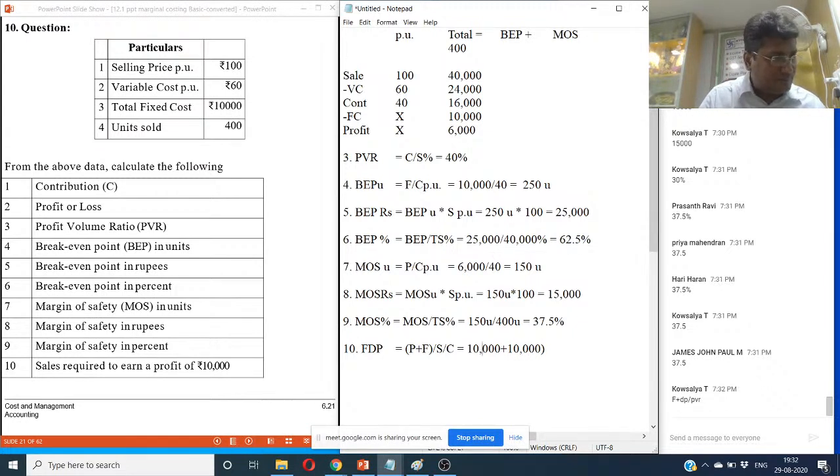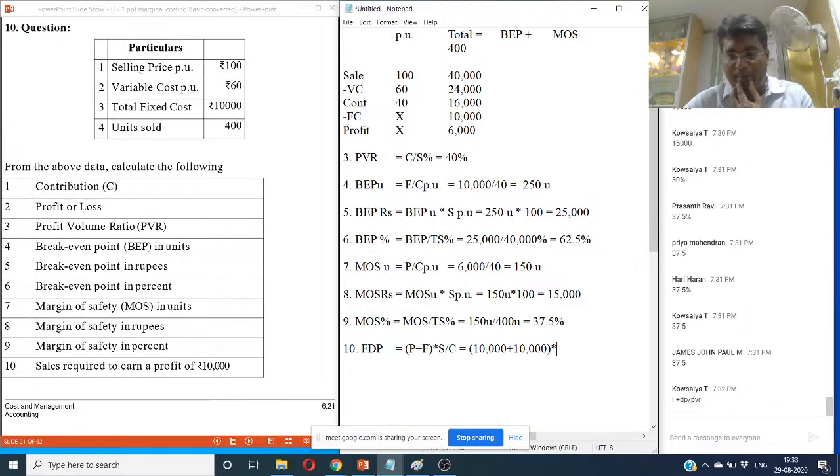Clear? Divided by, sorry, into sales by contribution. I stand corrected on my formulas. Into sales by contribution.